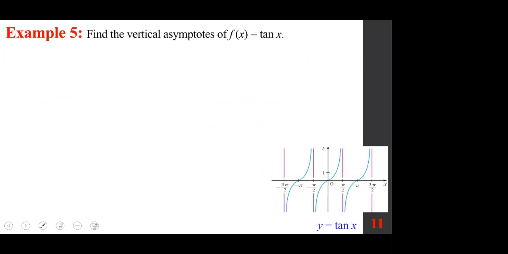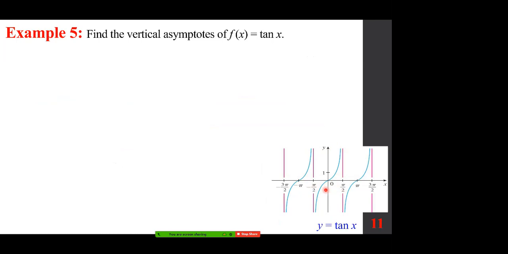All right. You want to find the vertical asymptotes. I hope you remember that y equals tan x looks almost like y equals x cubed, and there are infinitely many discontinuities and vertical asymptotes. One cycle goes from negative to positive pi over 2. So the vertical asymptotes are basically those.